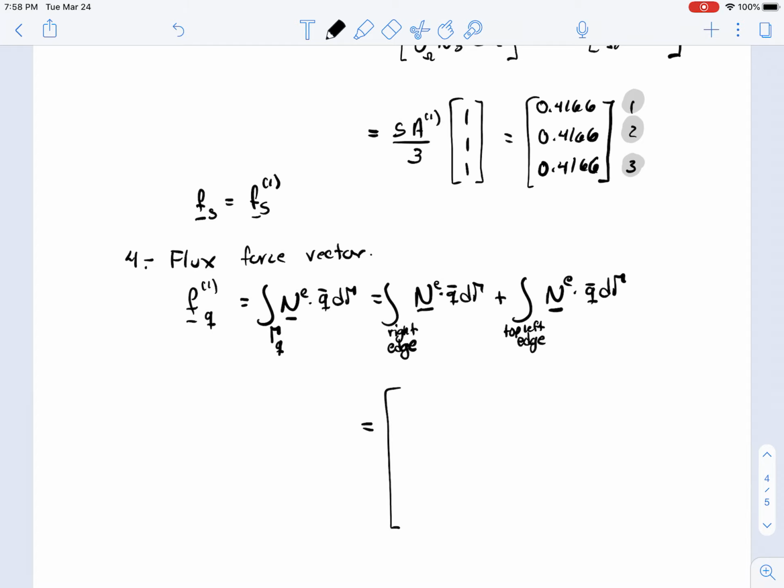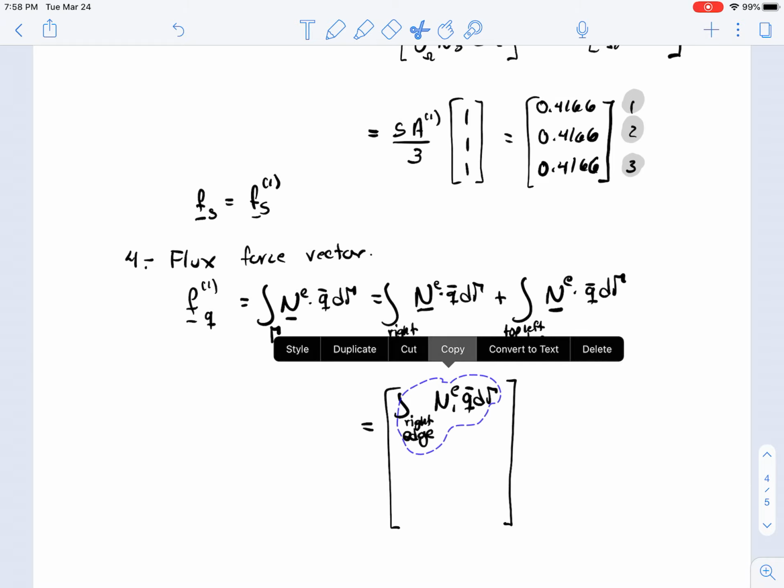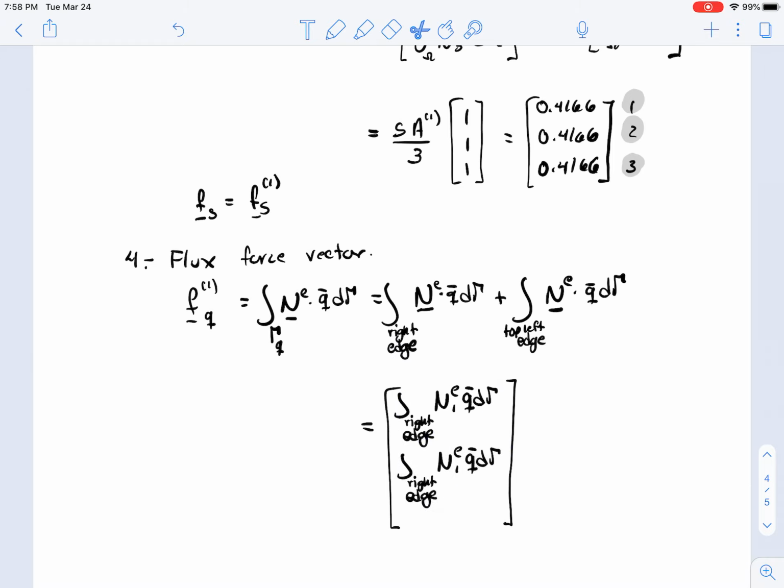If I write this out, and again, this definition is true for any element, I need to see what edges of the element have a flux applied to them, and those are the ones that matter. All the rest are 0. So here this will be the integral over the right edge of N1 E q bar. And then I'm just going to copy this.